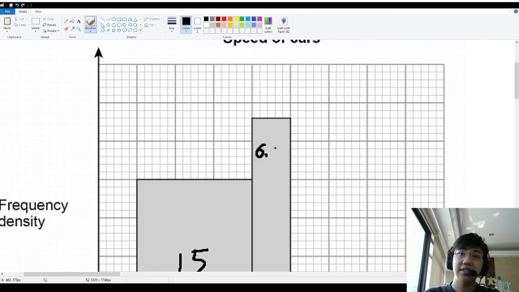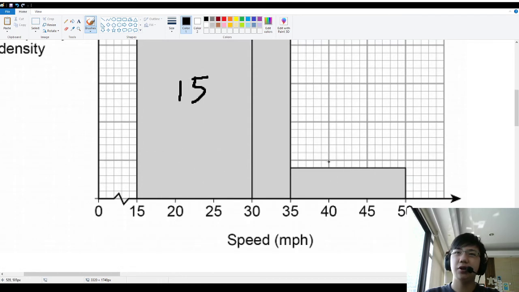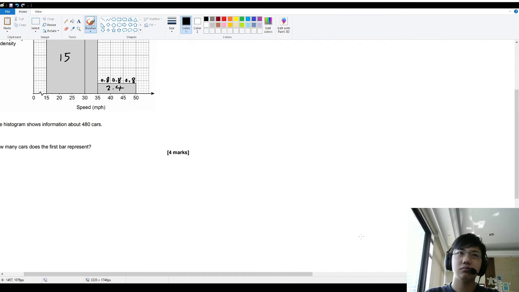So this one is 6.6 squares in size, while for this last part, each of these is 0.8 squares. So 0.8 multiplied by 3 is 2.4. So this is 2.4 squares in size.